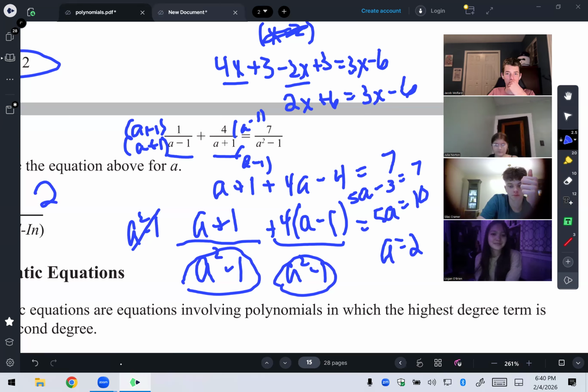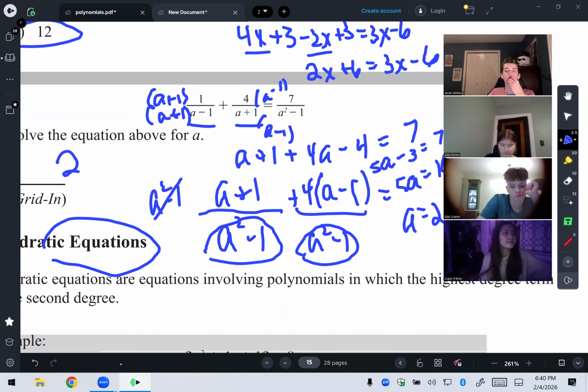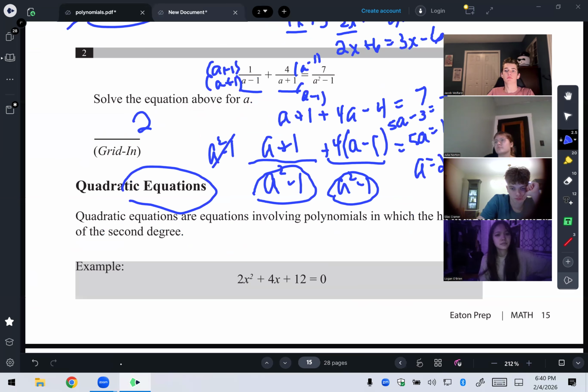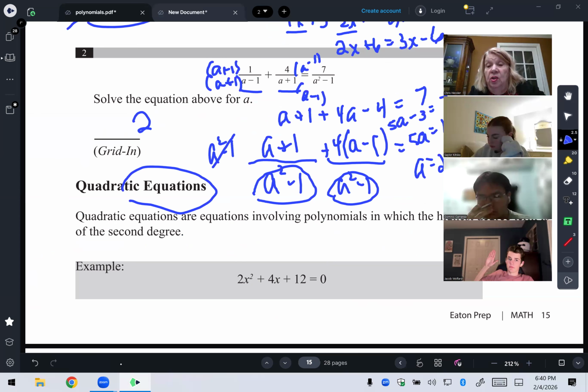Good. Okay, quadratic equations. Why I have you all here? How many have the quadratic formula memorized in this group? Jacob, Julia, Silas, and Logan. Do they give it to you on the formula page? No, they don't give it to you. Dominic, you have it memorized. Sailor. There'll probably be one of these on the test, you think?